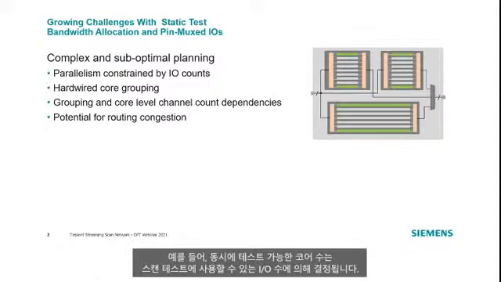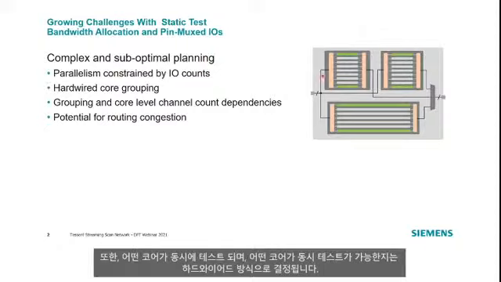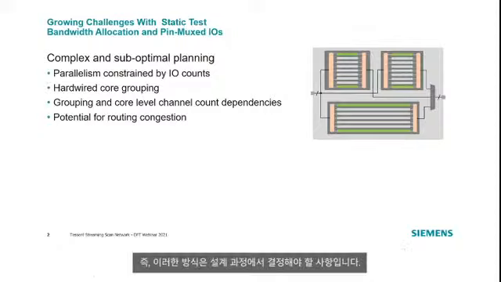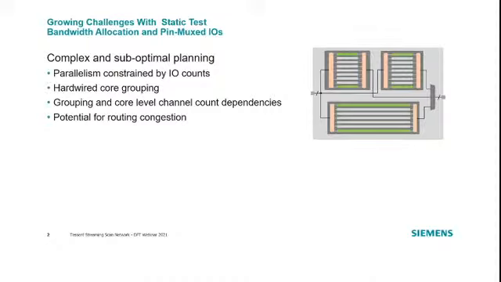For example, how many cores you can test concurrently is determined by how many IOs you have available for a scan test. Also, which cores can be tested concurrently is a hardwired decision. It's something you have to decide during the design process.